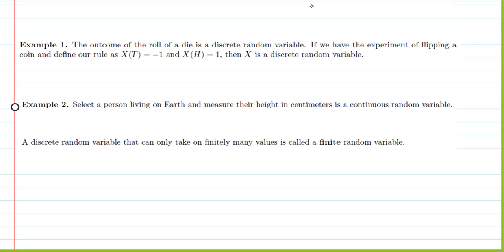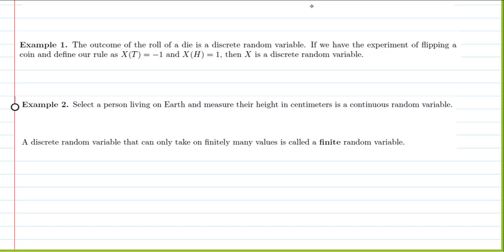Because you can be 62.9999993 centimeters tall, right? If you have an accurate enough measuring tool, it goes as accurate as we wish, right? So there is no discreteness. You don't go from 60 centimeters tall to 61 centimeters tall, right? You have to go through all of the values in between.